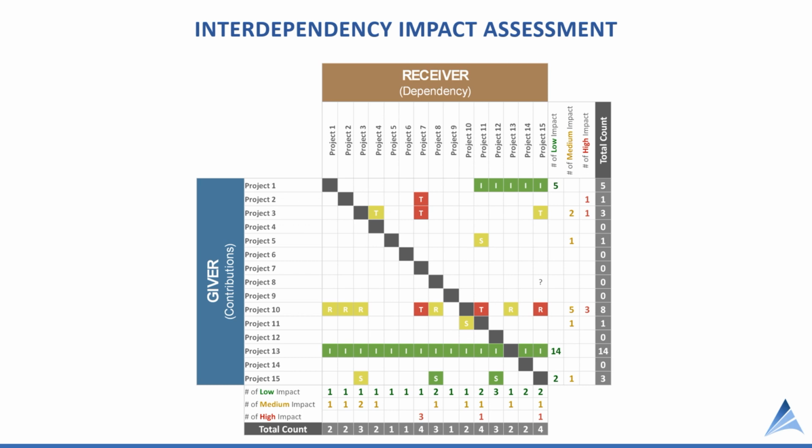And if there are high priority projects that are being impacted by other projects, then that's another indicator that we may need to add additional resources, provide additional budget, certainly more attention to managing. So this kind of impact analysis can be useful in combination with project priorities to understand the overall impact across the portfolio.